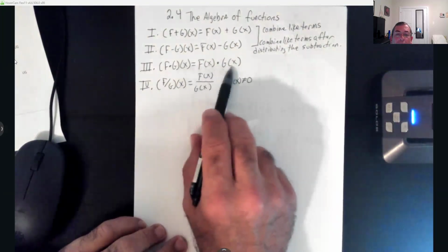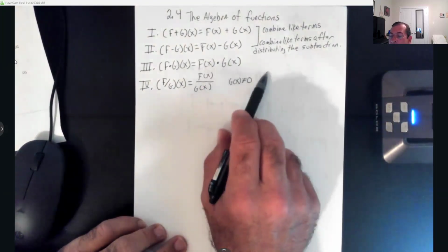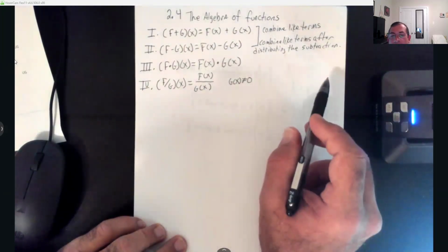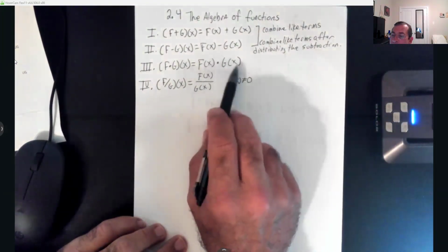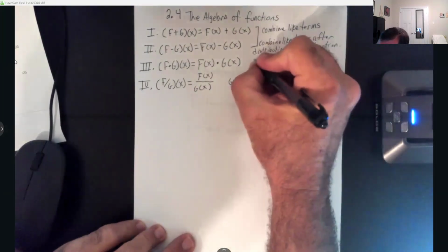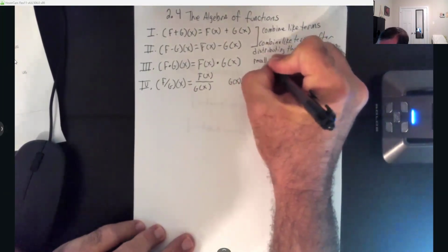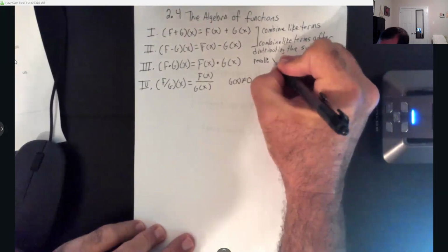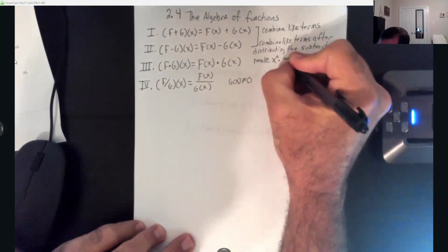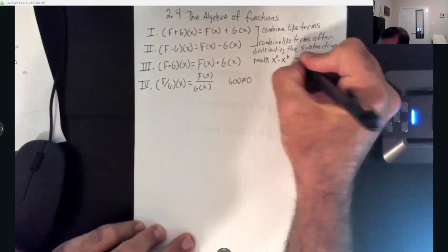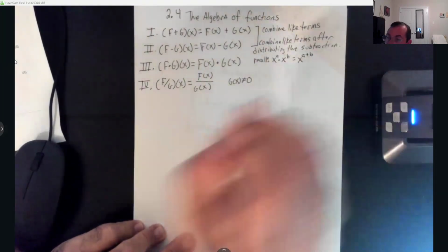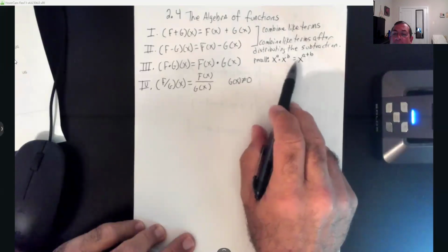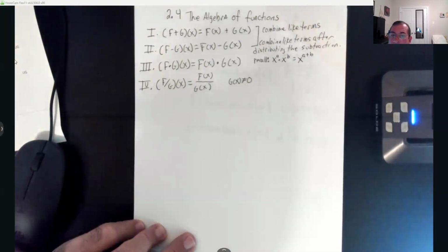Like I said, on the multiplying, we'll either use the distributive property, FOIL, or something like that. Just remember when you multiply variables, recall x to the a times x to the b equals x to the a plus b. Multiplying variables, I add those exponents, okay?